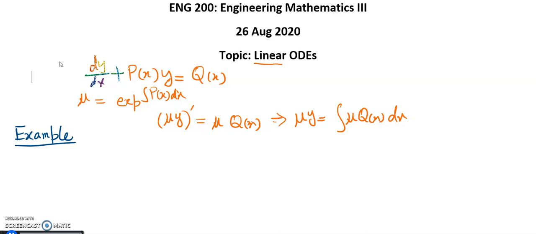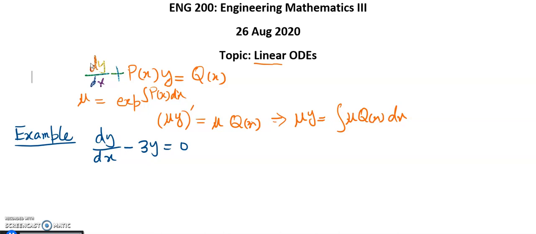Let me take the first example: dy over dx minus 3y is equal to 0. In fact, this is a separable equation, so we could use the separation of variables method to solve it, but let's do it with the help of this technique, the integrating factor.